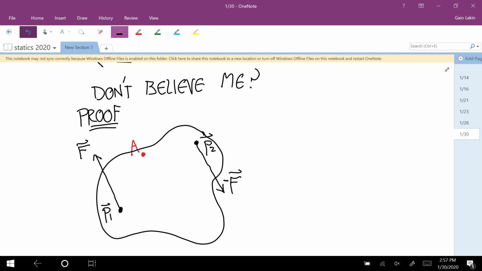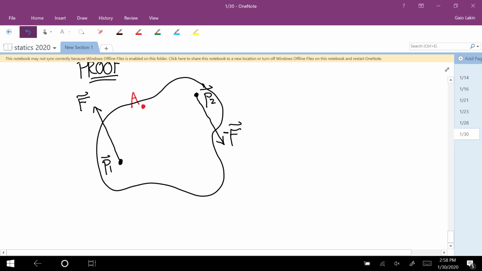All right, so we're going to calculate the sum of the moment produced by F and the moment produced by negative F. So the r vector for F goes from the about point to here, right? I'll call that r1. And the r vector for the negative F force is like this. I'll call that r2.